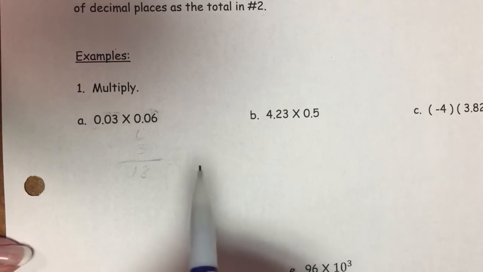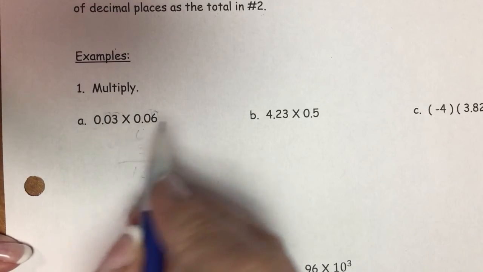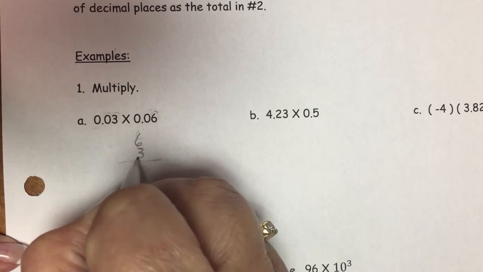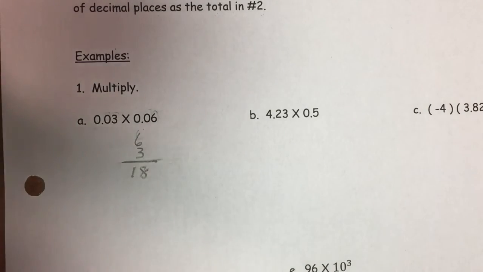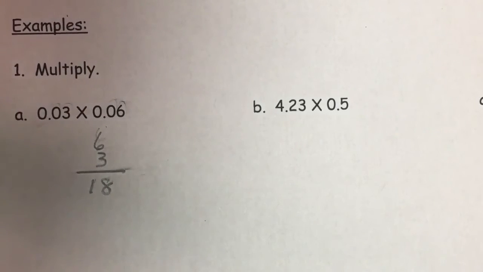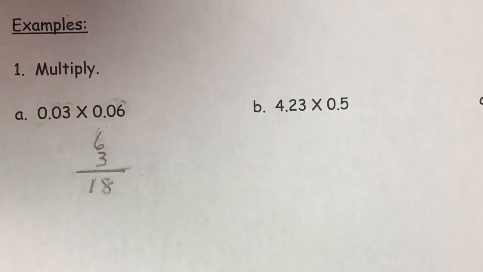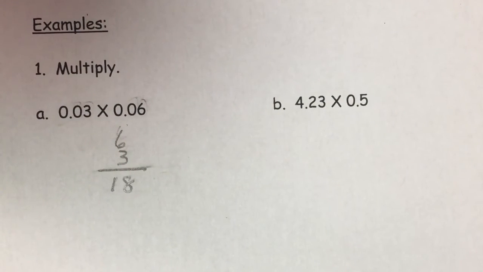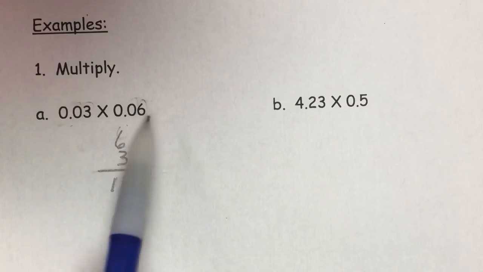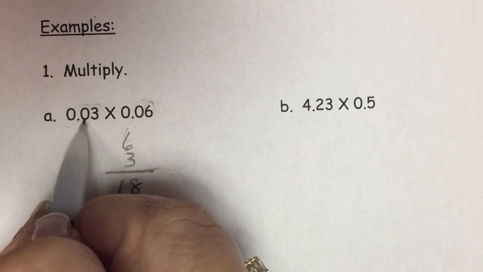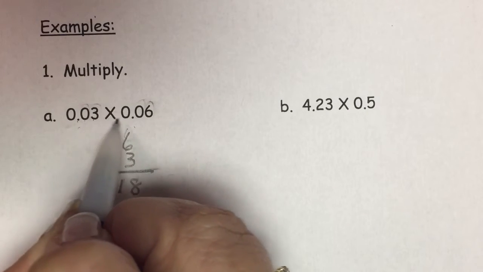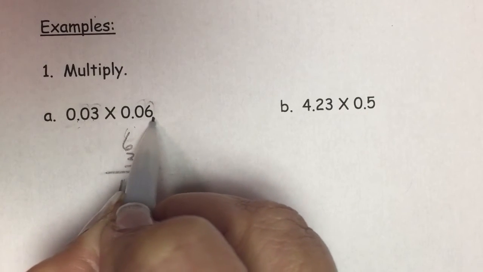So once again, for 1a, you multiply the numbers as if there were no decimals at all. So that's just 6 times 3, which is 18. Now, you count the number of digits to the right of the decimal in both of the numbers that you are multiplying. So here's the decimal. There are 1, 2, 3, 4 numbers to the right of the decimal.